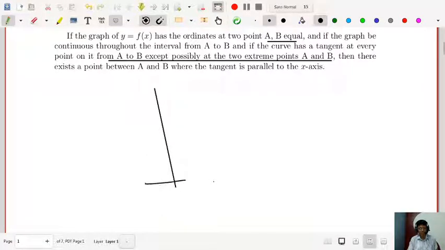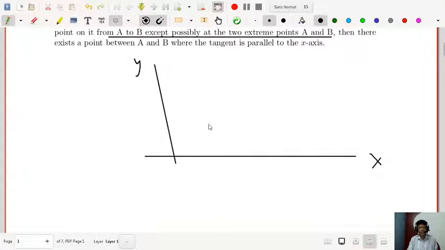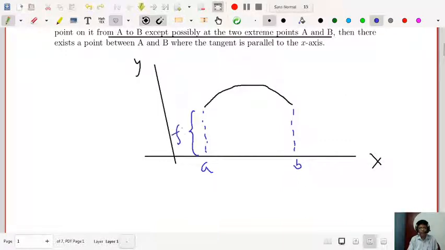Let us draw. This is a simple diagram. This is the x axis, this is the y axis, and suppose this is the curve. This is the point a, and this is the point b. This is the ordinate f(a), the height at a, and this is the ordinate at b, f(b).